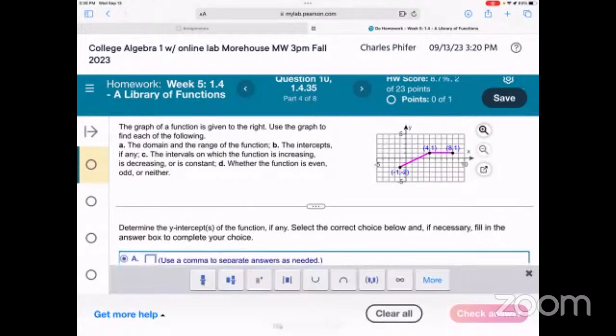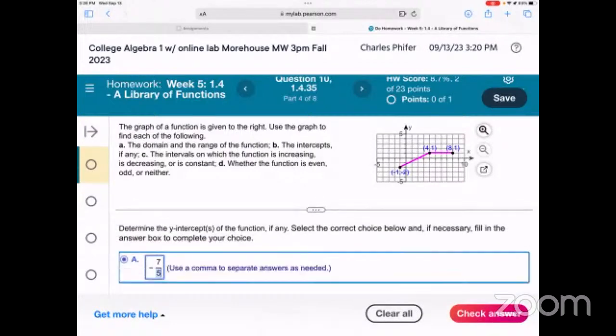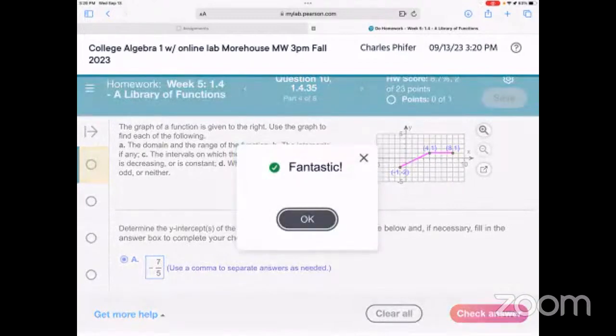Okay. All right, so that was not obvious, right? This is actually a good one.